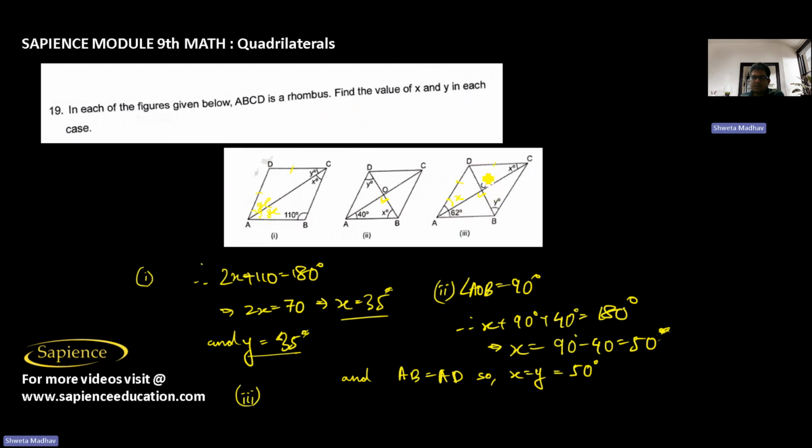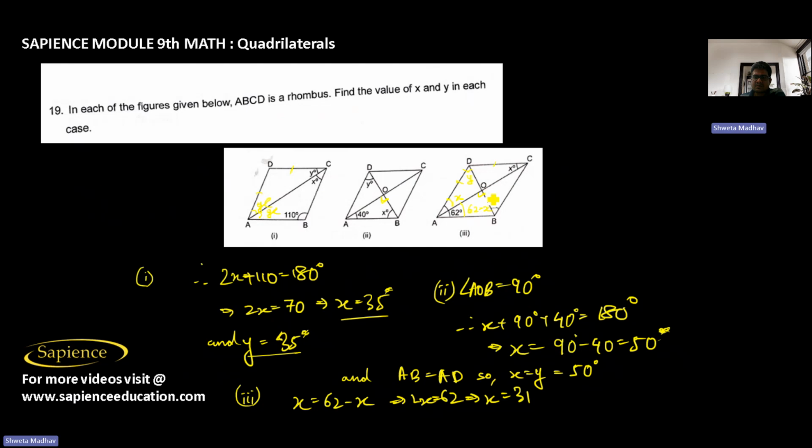Similarly, if this is y, this is also y. From here, we can say that x is equal to 62 minus x. So this angle will be 62 minus x, and these two are alternate angles. So I can say 2x equals 62, so x is equal to 31.